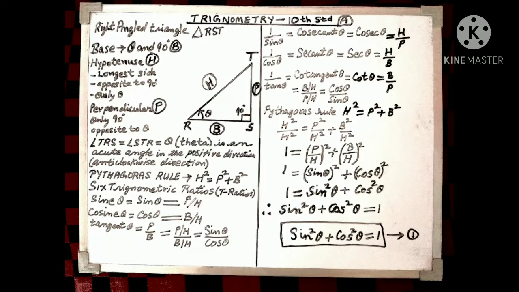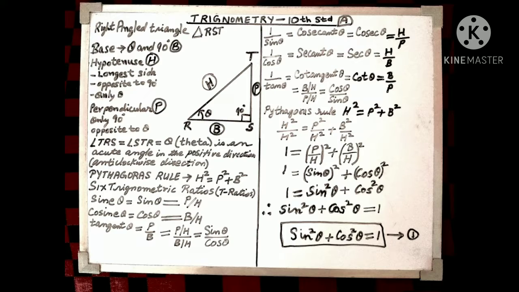Another important thing we have to remember is the Pythagoras rule, right? The Pythagoras theorem says that hypotenuse square is equal to perpendicular square plus base square. H square is equal to P square plus B square. Now what are trigonometric ratios basically? So we have 6 trigonometric ratios.